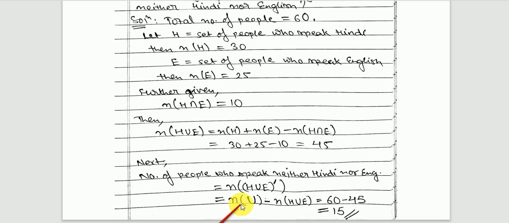That set will be considered as the universal set, and it has 60 elements. So 60 minus 45, that means 15. So 15 of them do not speak English and nor do they speak Hindi.